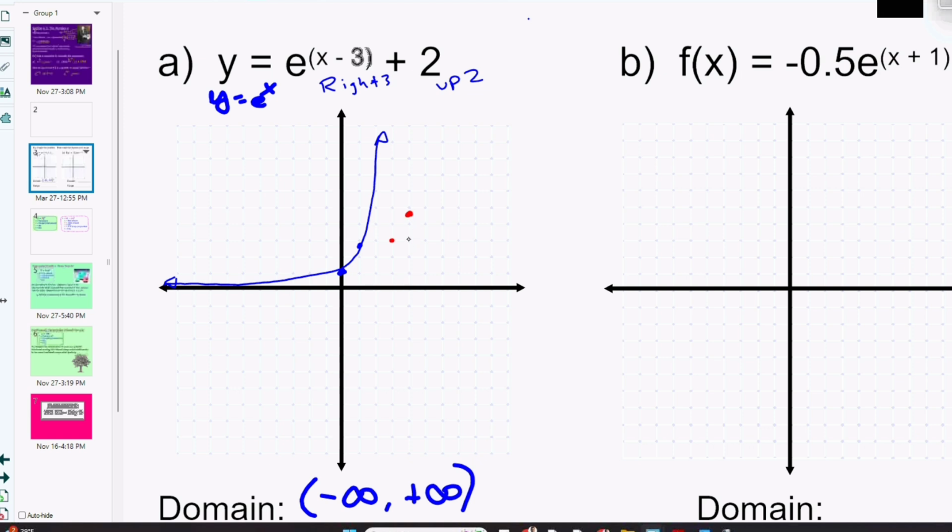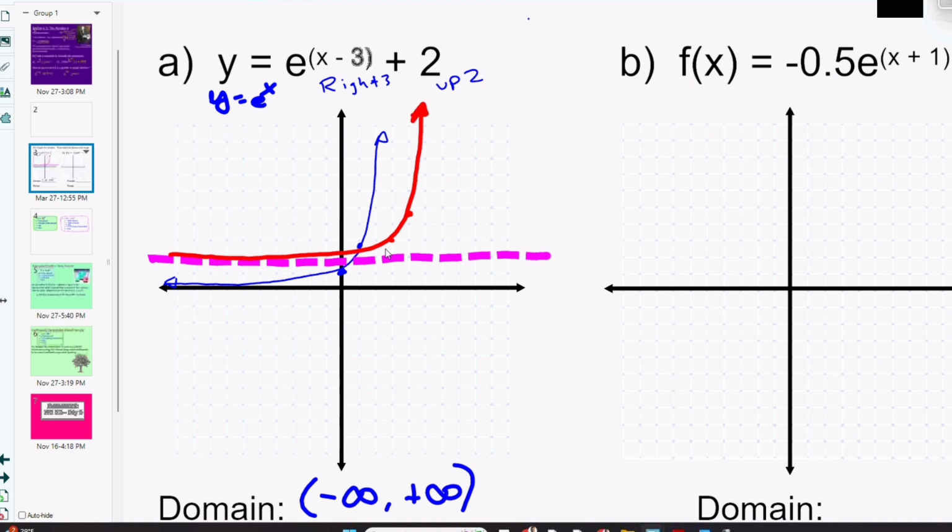Also, your horizontal asymptote is shifted up 2. So instead of being at y equals 0, now it's at the line y equals 2. And if I were to graph all this in red, it's going to go through those 2 points just like that.